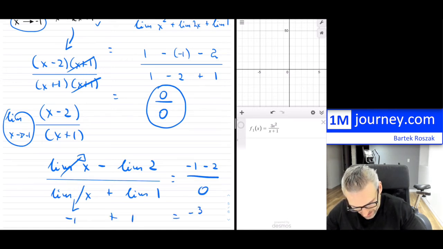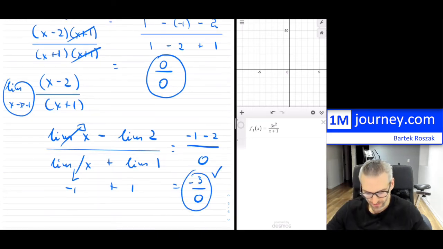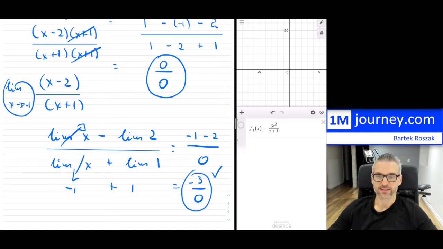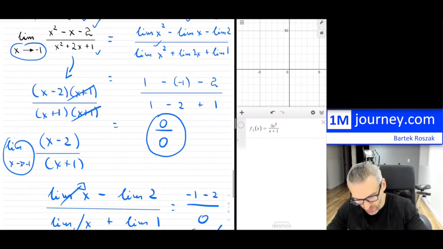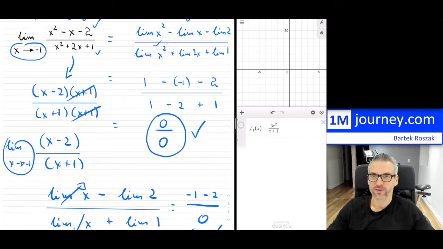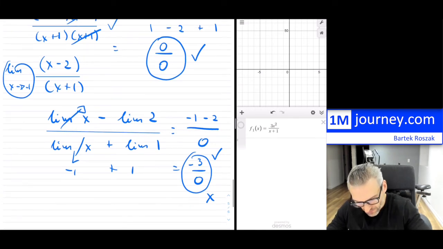So we get -3 over 0, which is undefined. Now, what happens when it's undefined? Well, when it's undefined, we know that the limit cannot exist. Originally, we started here and the limit was indeterminate, but now that we factored it out, we found that this is undefined.